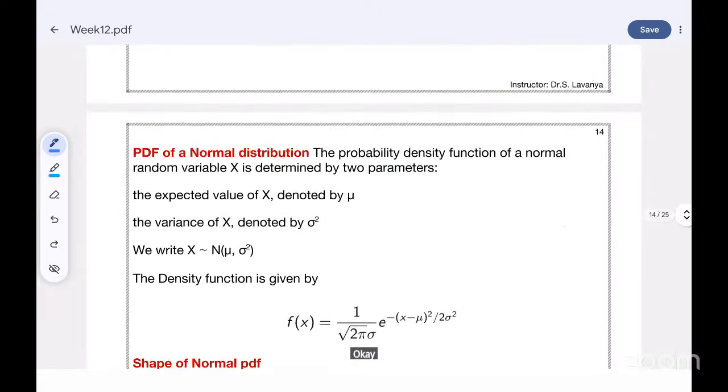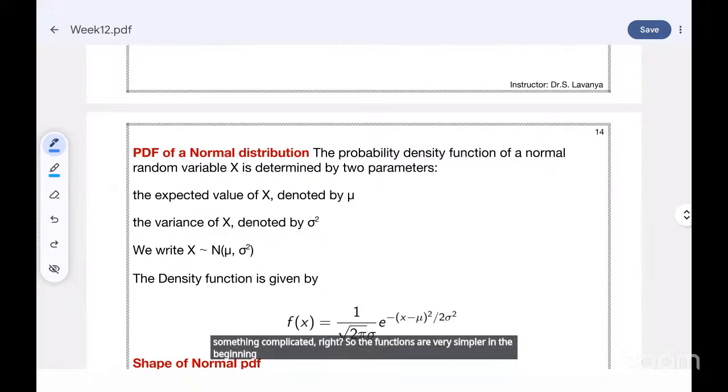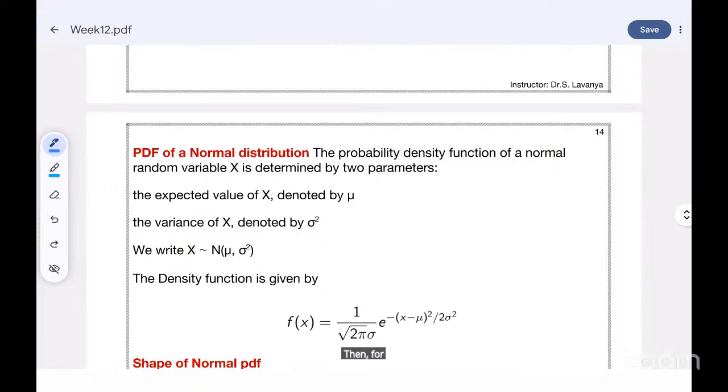Okay, so next we are going to look at an important distribution, which is the normal distribution. So what is the PDF of a normal distribution? We are slowly progressing to something complicated, right? The functions were very simple in the beginning for uniform, then for exponential we had one parameter.